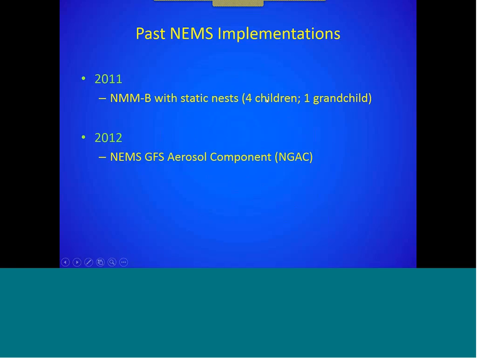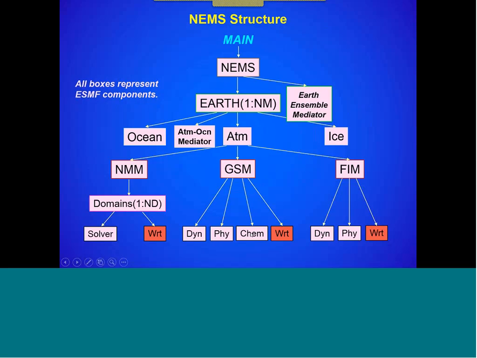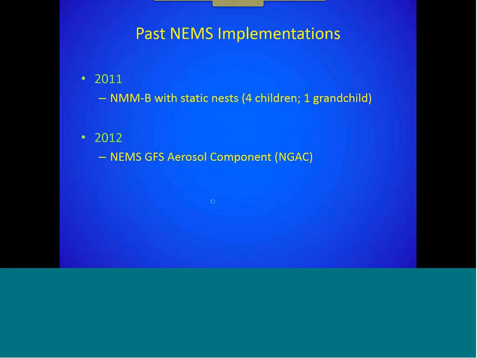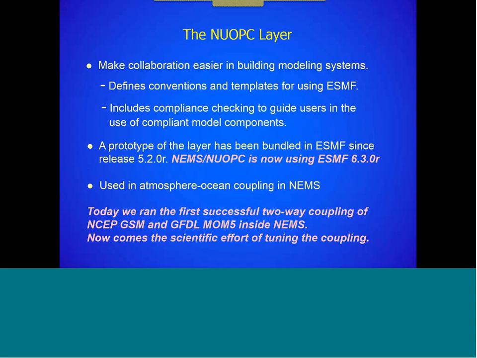And then there's even a grandchild nest underneath the continental U.S. for the area of interest of the day that we can run at 1.3 kilometers. Then in 2012, we implemented the NGAC, which is the GFS aerosol component, which utilizes this chem component to do its aerosol chemistry, and then moves the aerosols around with the rest of the model. That's been in operations for over 2 years now.